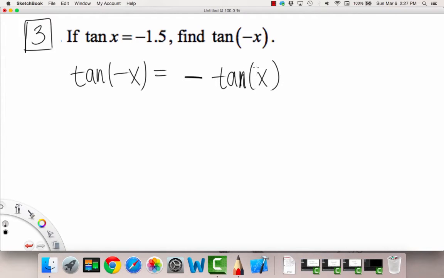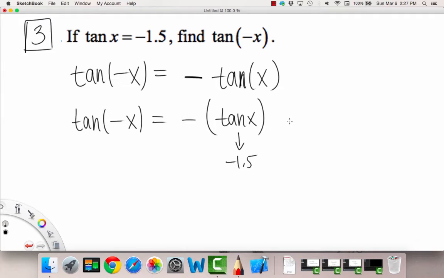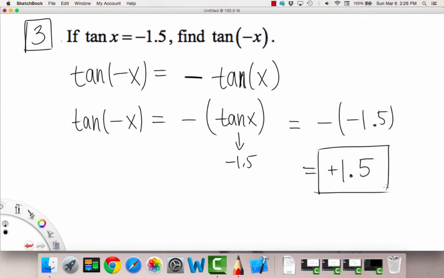So tangent of -x is equal to the negative of tangent x, and we were given that tangent x is -1.5, so our answer is simply 1.5, a positive one in this case. And there it is. That was easy, right?